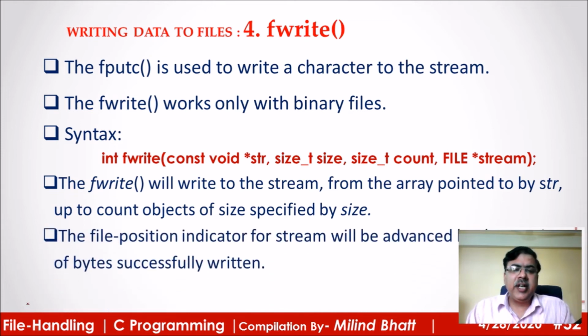The file position indicator of the stream will be advanced by the number of bytes successfully written. Means if this is 4 bytes and you have to write such 40 bytes, then 4 bytes will be written once and it will jump to the next 4 bytes. That means the file pointer will not move to the second byte, it will move to the 5th byte after a successful write action.